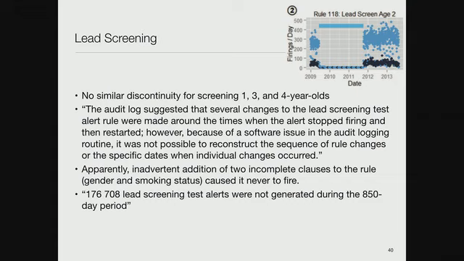So the rule never fired because of that. And they have no idea how these changes were made. There's a complicated logging system that logs all the changes, and it crashed and lost its logging data, and it's a just so story.